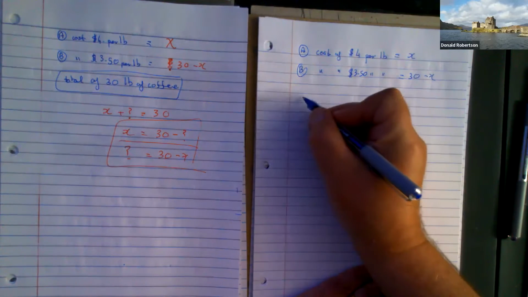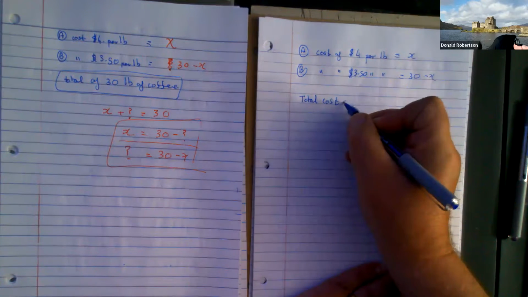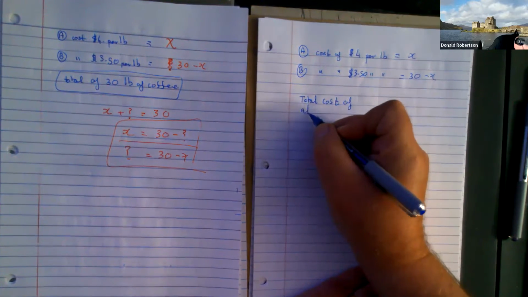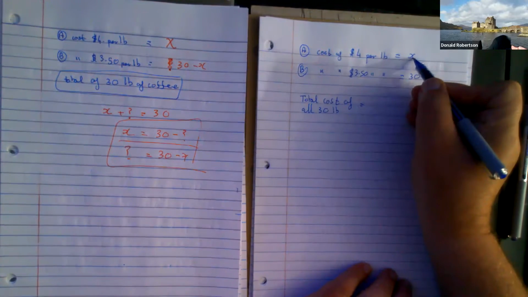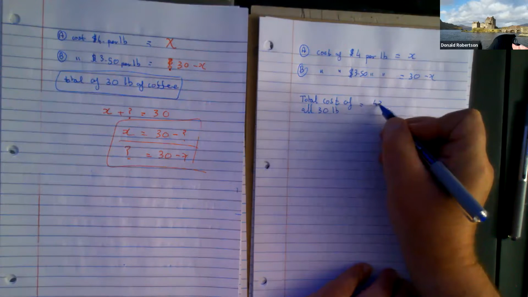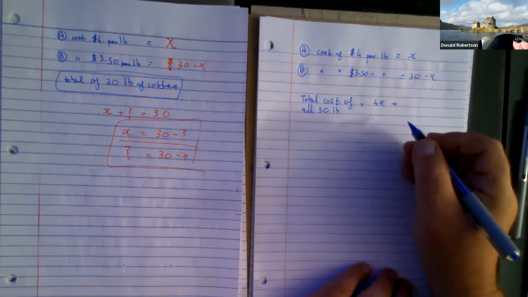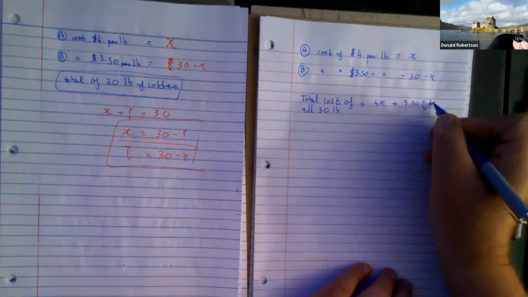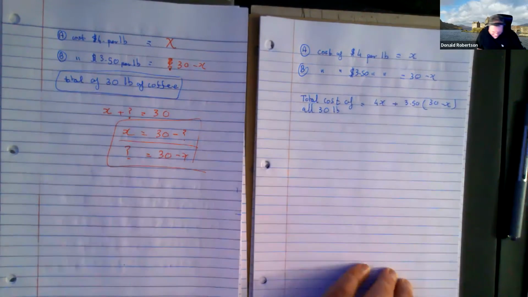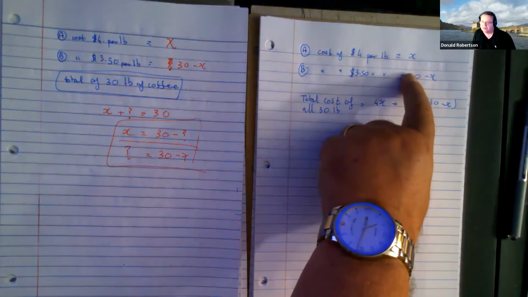So I can now tell you what the total cost is going to be of all the coffee. The total cost of all 30 pounds is going to be X pounds at $4, so that's 4X. And it's going to be 30 minus X at that price, so that's 3.50 times 30 take away X. Are you comfortable about where this came from now that I have an X and a 30 minus X, or how much of each kind of coffee I'm going to use?